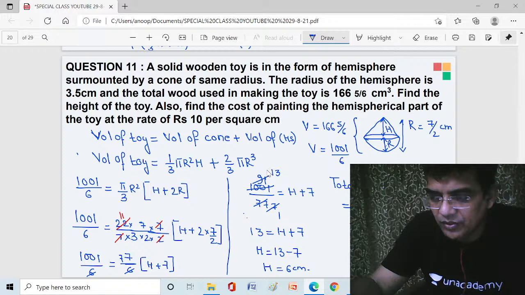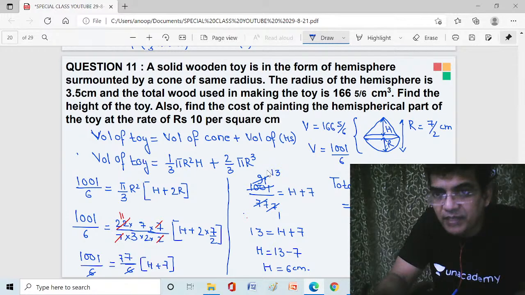Okay. Now we will move further and see what they have asked in the next part. Also find the cost of painting the hemispherical part. Now we have to find the cost of painting only the hemispherical part. So we need to find the surface area of the hemispherical part. Let me make some space over here. I am going to remove this.